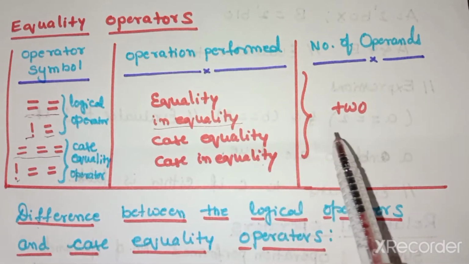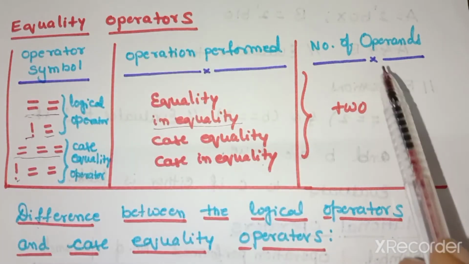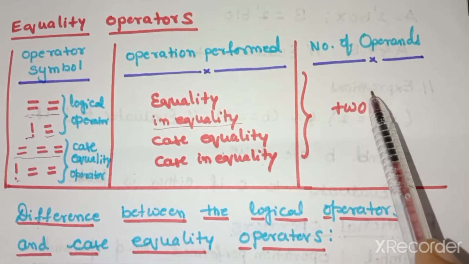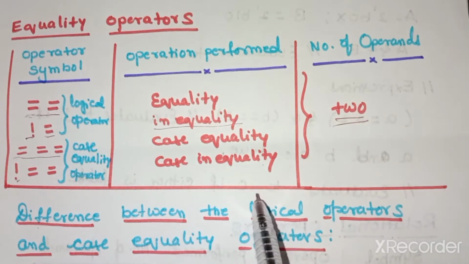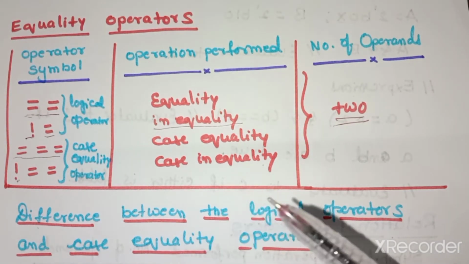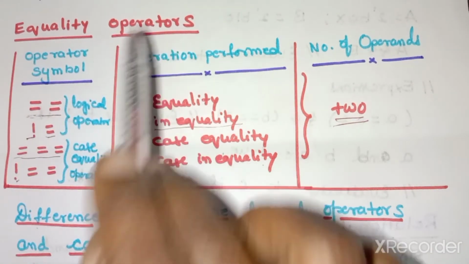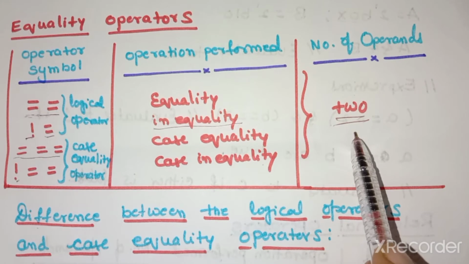Another point is that for these equality operators, we use how many operands? 2 operands. If you want to equate anything, we need 2 things. Correct? That is why the equality operator also needs 2 operands.